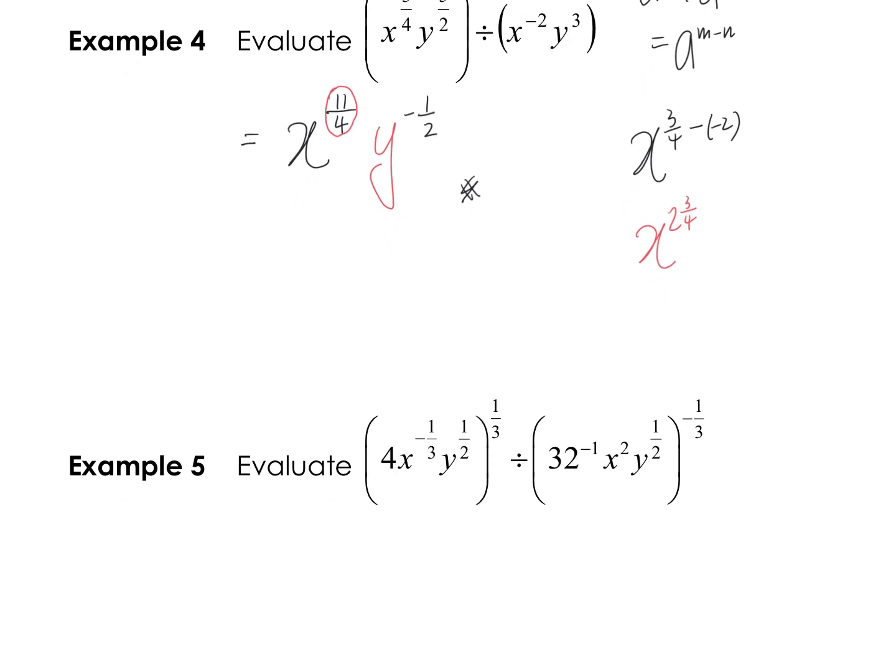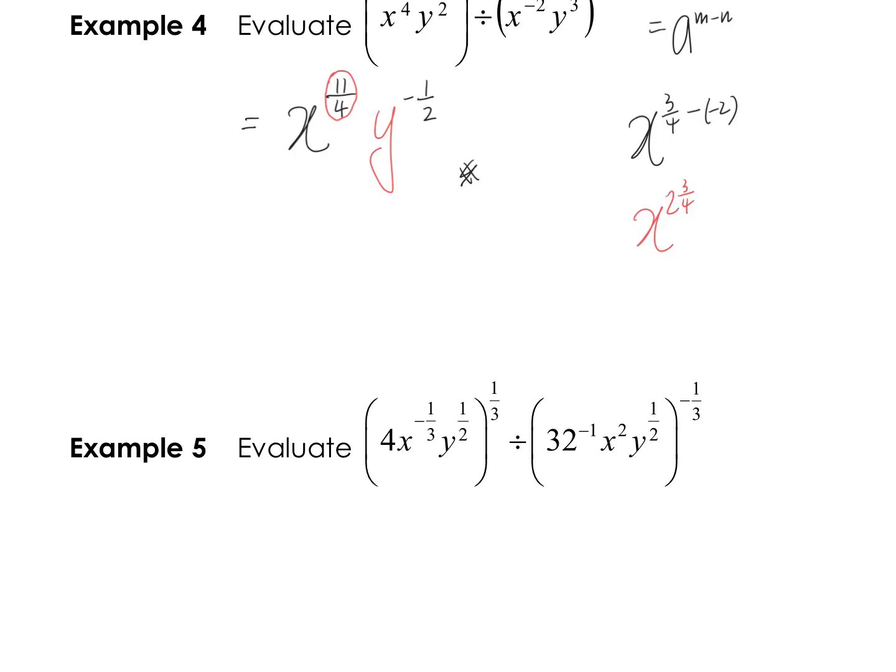Marius, can you simplify all for me? Waiting. Four over 3x.